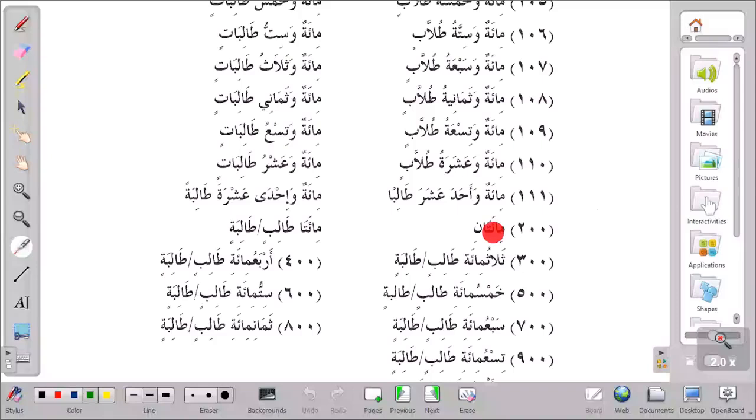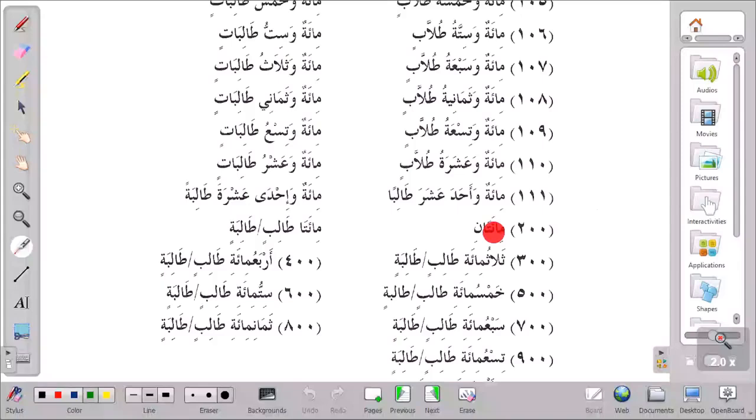A dual noun, that is a noun with alif wa noon in Arabic, cannot be a mudaf with the noon still being present. You can remember we said mudaf is always ma'rifa.